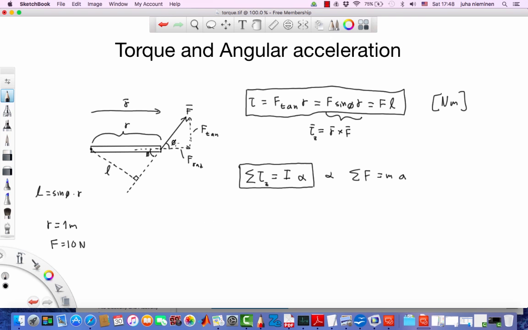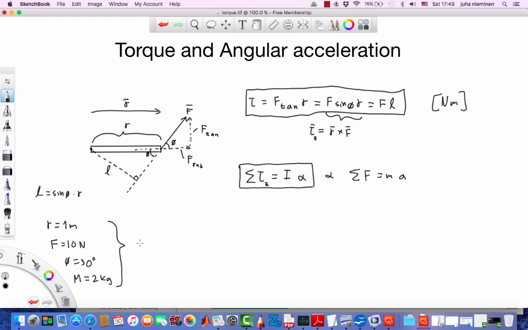And then the angle phi between the direction of the rod and the force, let's say that's 30 degrees. And what else? Mass of the rod, 2 kg.